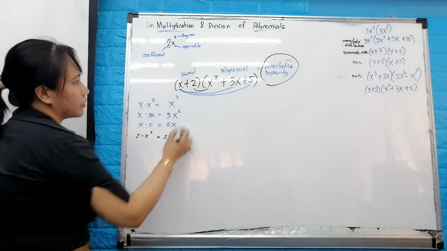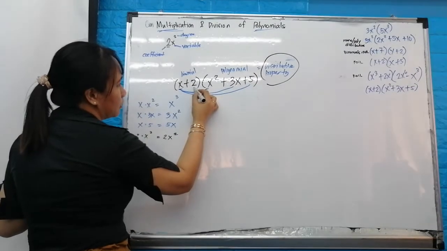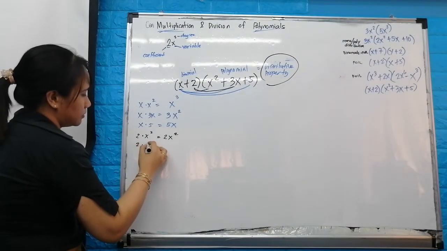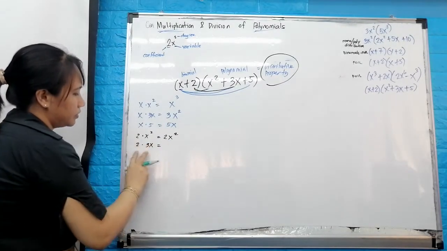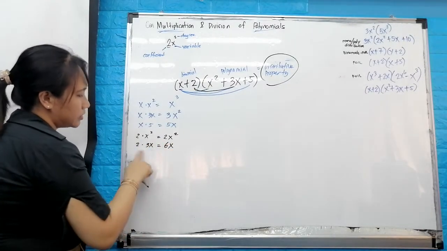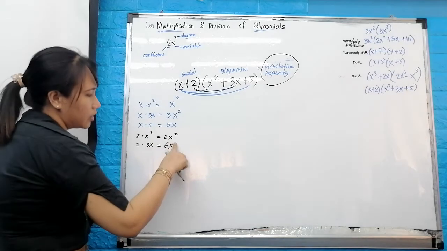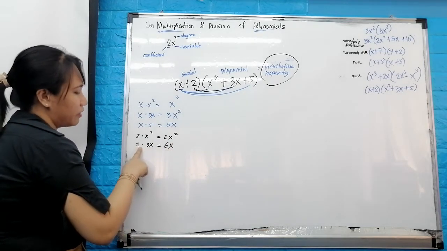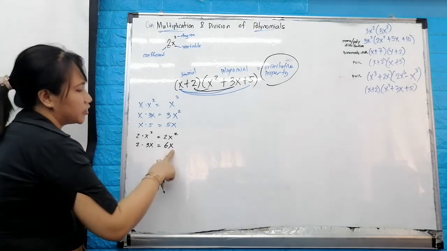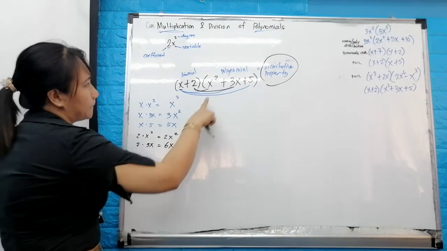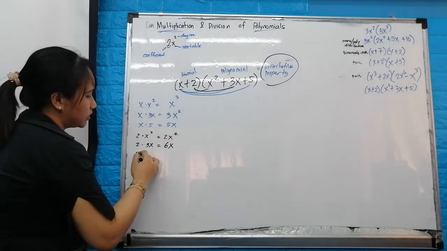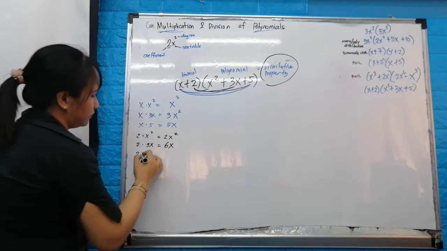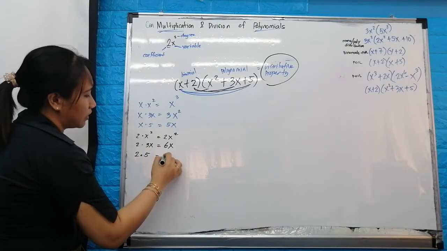And then distribute again, 2 times 3x, so that means you've got 6x. Why don't I have a degree here? Because you only have one variable here. You don't have a variable on the other side, that's why you're just going to copy the variable. And then 2 times 5, you've got 10.